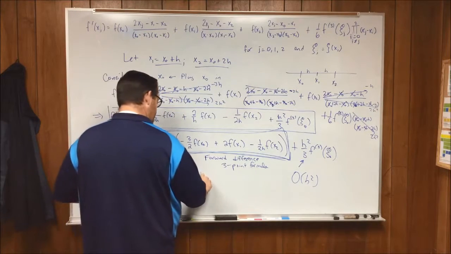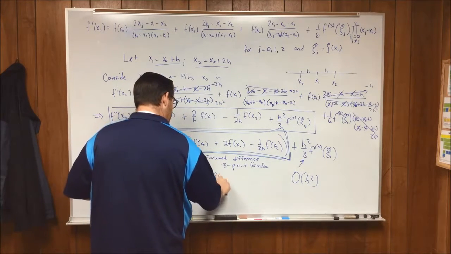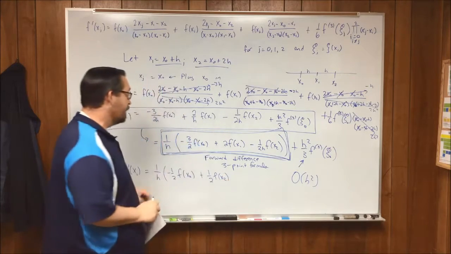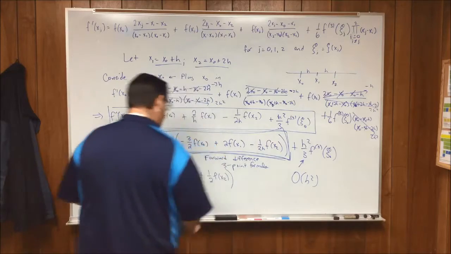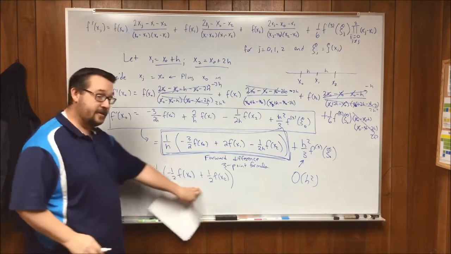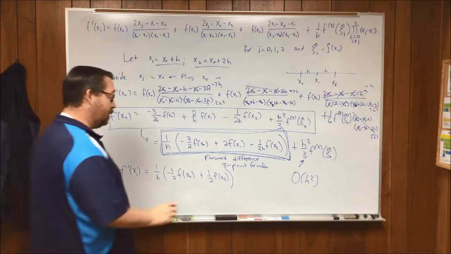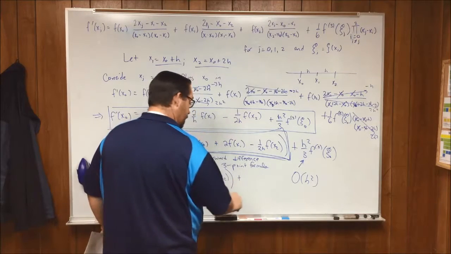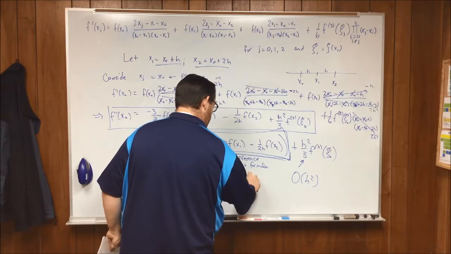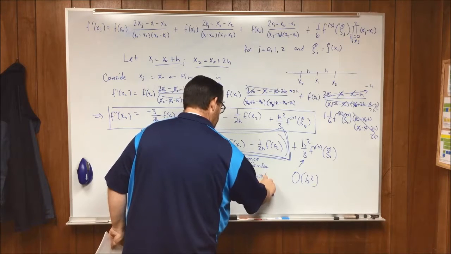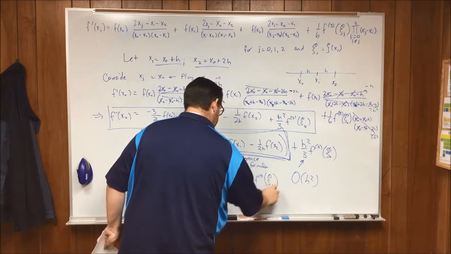negative 1/2, and then do the point after it. But there's actually not even an x1 in this formula. This right here is enough to do the central difference, plus your error term ends up looking like 1 over 6 with an h squared, the third derivative at c1.